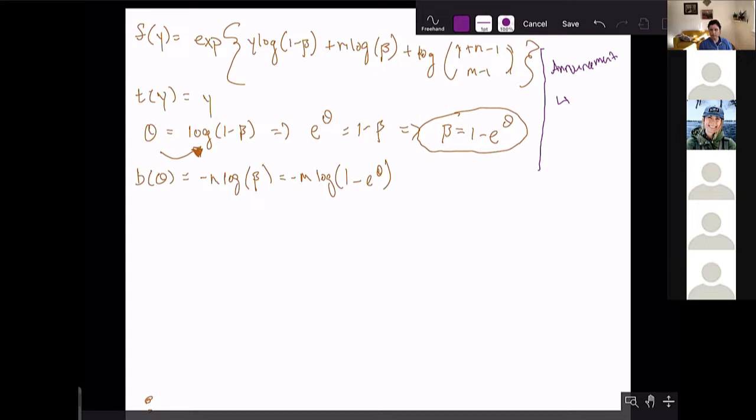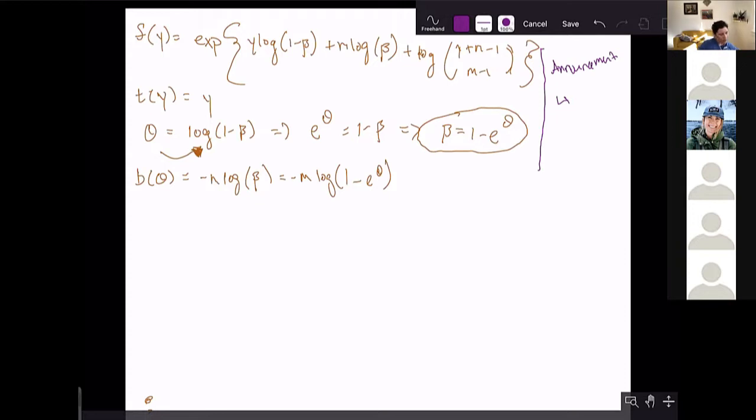So back to the canonical link, when you went over the normal distribution, theta is just equal to mu, which is understandable. So in situations where your theta and your parameter of interest are equivalent to each other, do we just say g of mu equals theta, as simple as that?